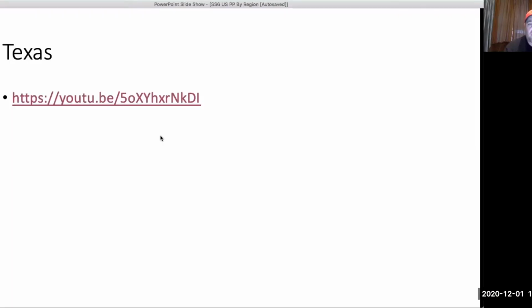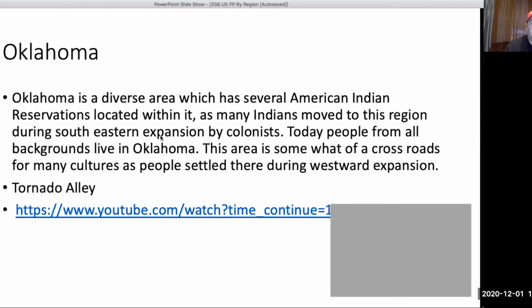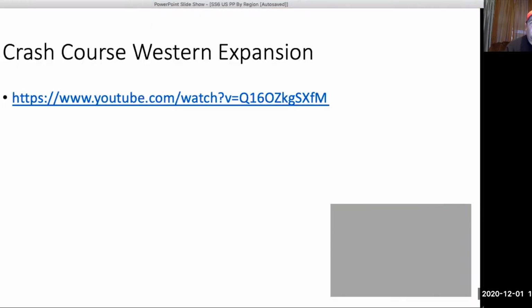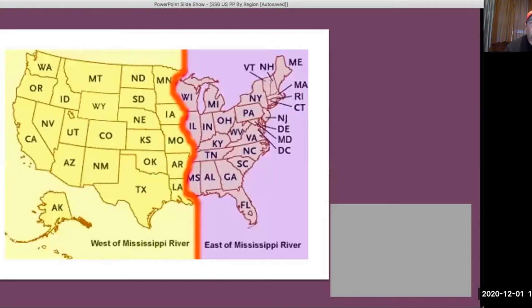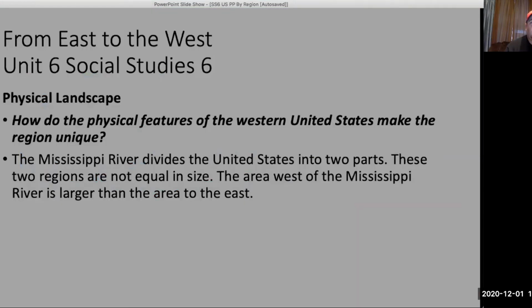All right. So when we talk about this region, we are talking about from east to west, okay? Physical landscape, how do the physical features of the Western United States make the region unique?